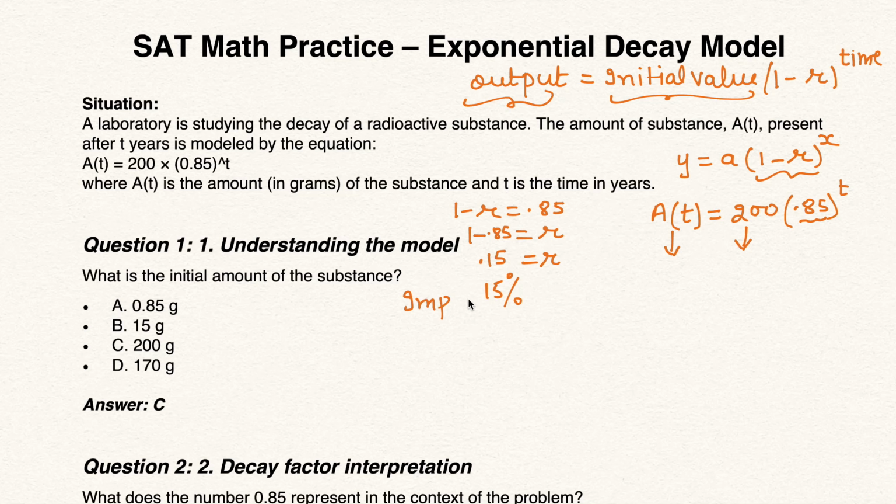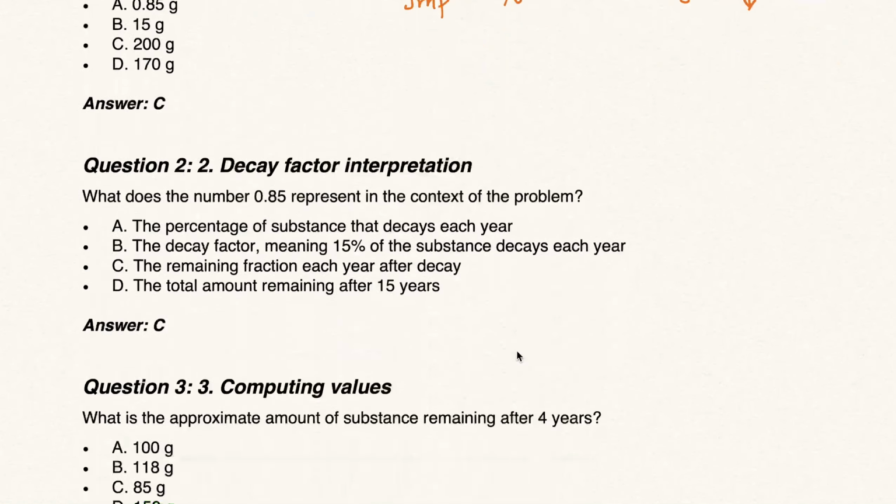So practice enough so that you can remember why 1 minus r is actually decimal 0.85, because sometimes you will see the equation like this. Now this b is the growth factor or the decay factor, and you will immediately write it as 0.85. No, remember to find the rate, subtract it from 1, right? So the rate is 15%.